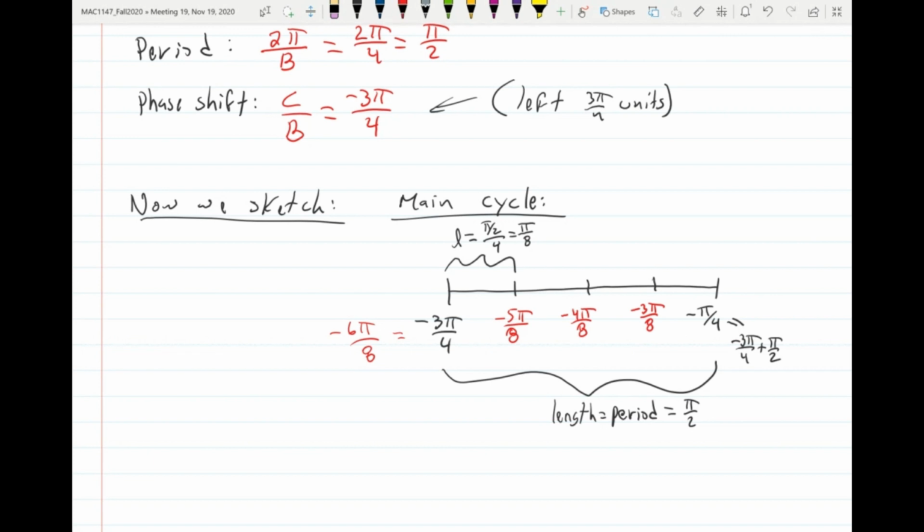And negative 4 pi over 8 we can simplify and write as negative pi over 2. It's good to think in denominator 8 because then it's easier to add and come up with the other points. Are you okay with what we have so far?